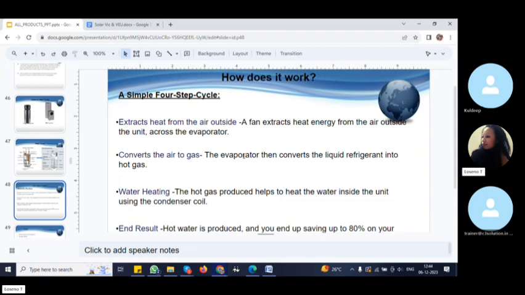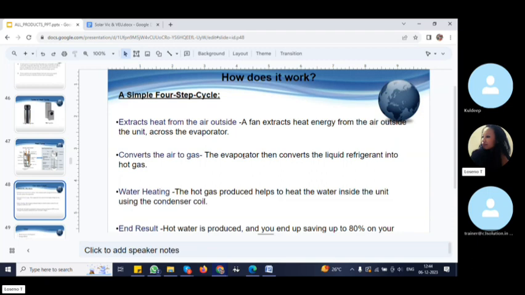It comes with an extra component, not just a storage tank, but an extra component called a compressor, where in the compressor there is an exhaust fan. With the help of the exhaust fan, it extracts the surrounding air, and with the help of that, it heats the water. The only time the heat pump uses electricity is to run the exhaust fan inside the compressor.